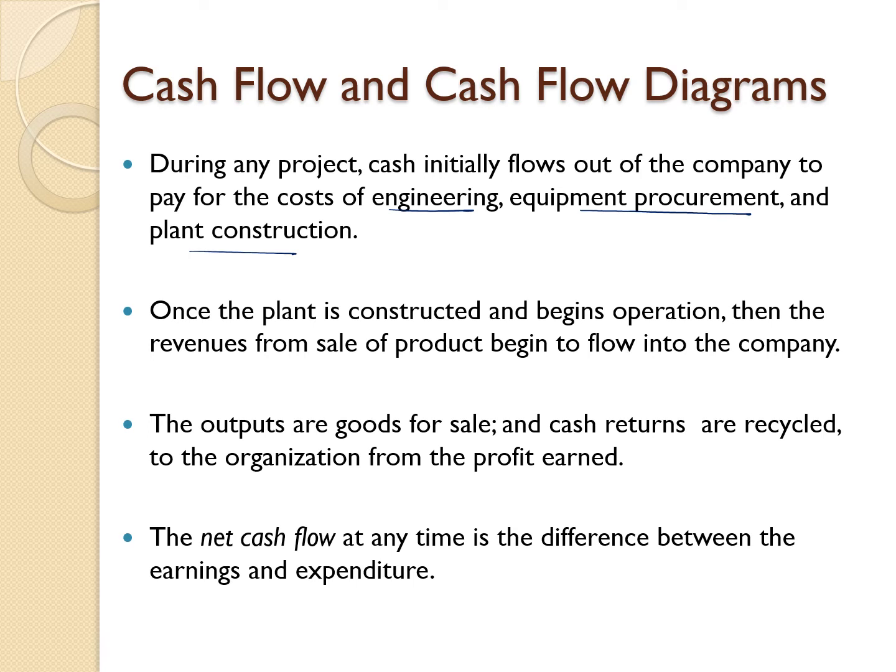When the product starts to sell, we start to get the cash. So the output are goods for sales, that means the product that has been sold, and cash returns are recycled to the organization from the profit earned. So the net cash flow at any time is the difference between the earning and expenditure.